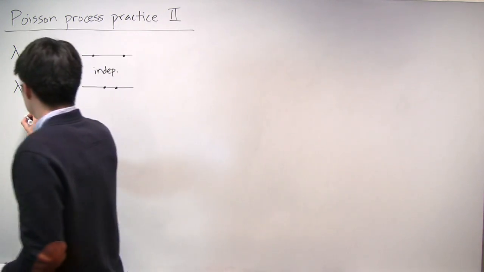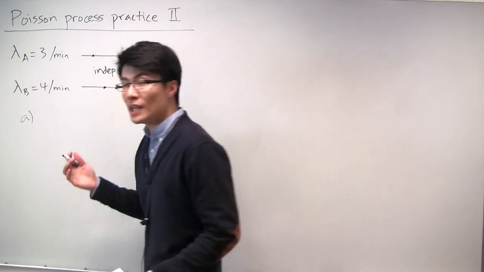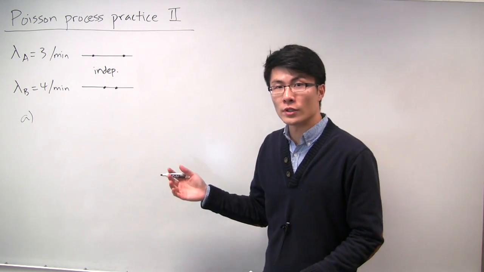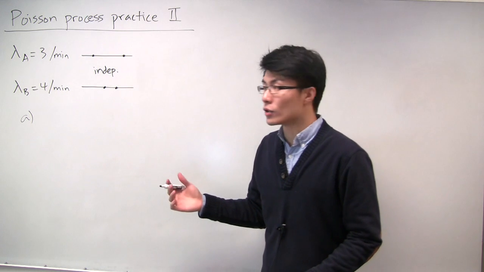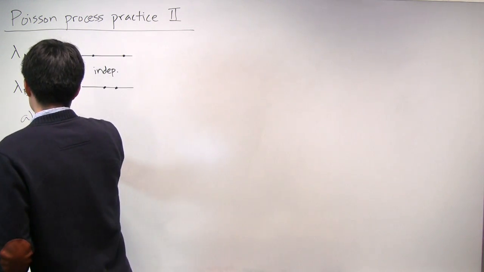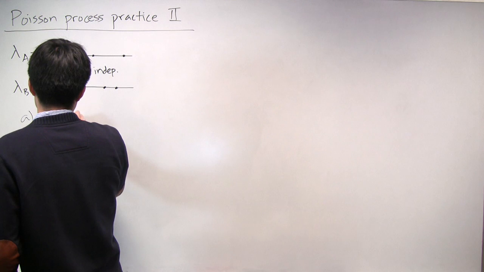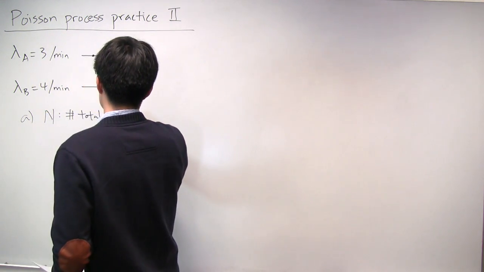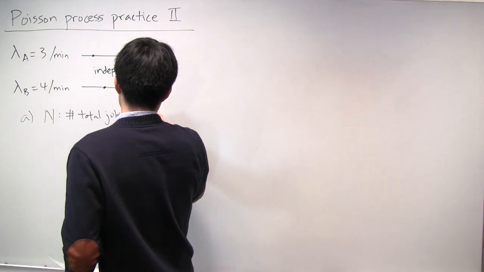Part A is looking for the PMF, expectation and variance of the number of total jobs that arrive in any 3-minute interval. Let's define a random variable for that. So let's let N be the number of total jobs in 3 minutes.